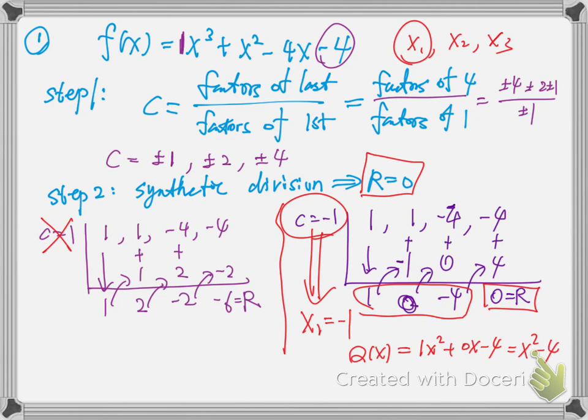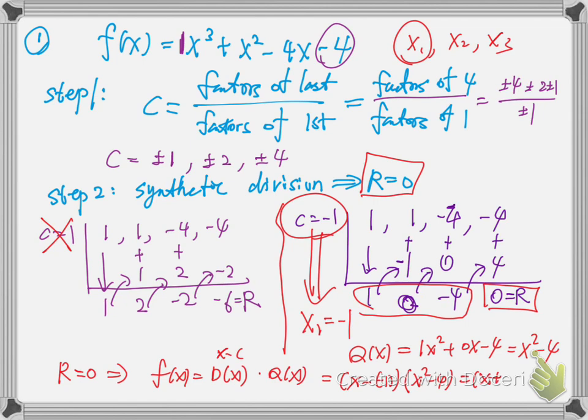Sometimes we also use multiplication to write down f of x, right? If the remainder is 0, that implies f of x is d of x times q of x. What is d of x? d of x is x minus c, and c is -1 for this case. So this is x minus -1 times x squared minus 4.